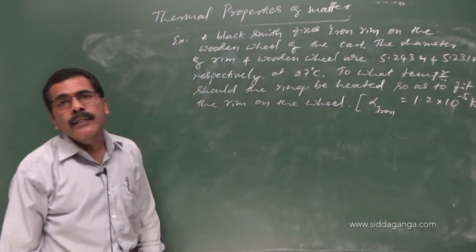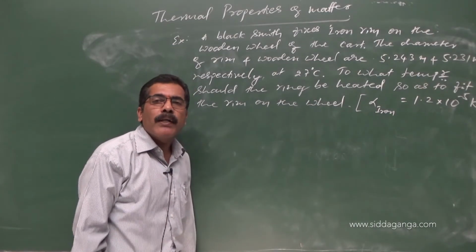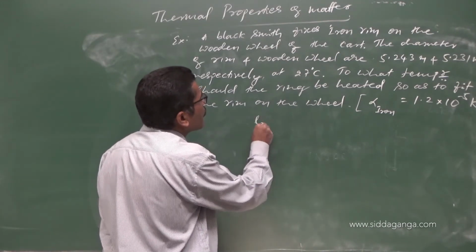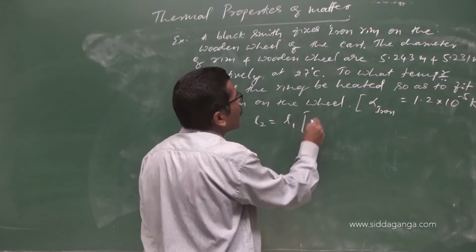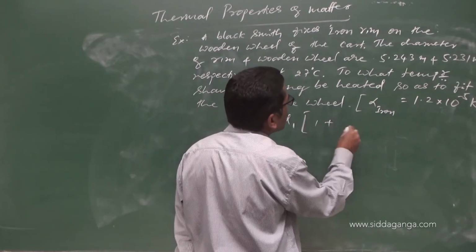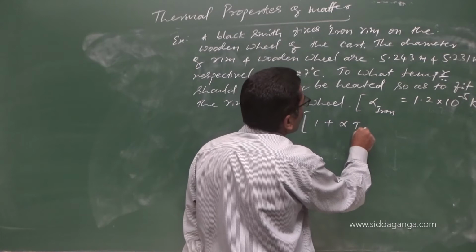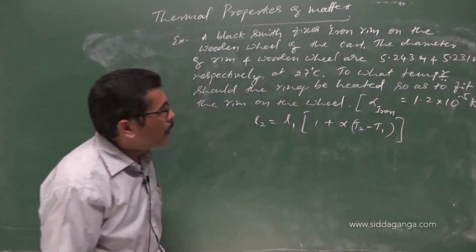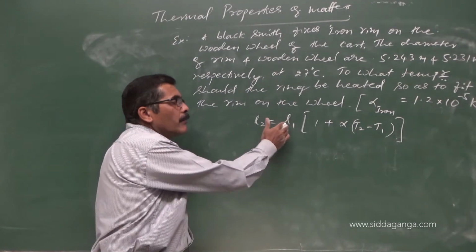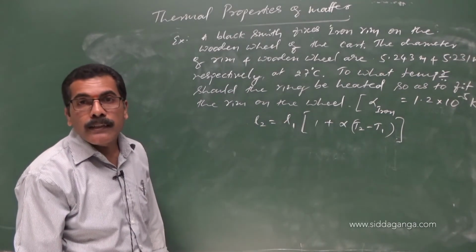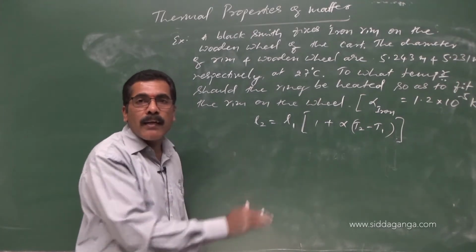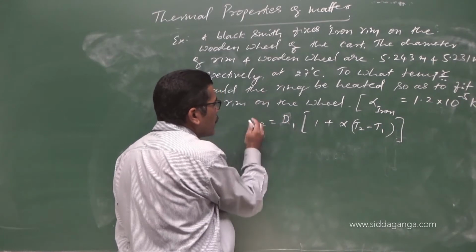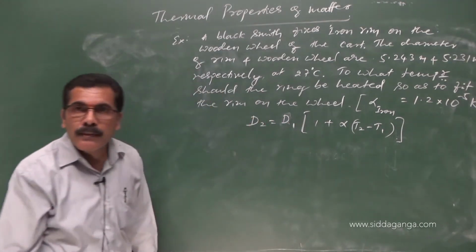Let us make use of the equation for linear expansion. L2 is equal to L1 into 1 plus alpha into T2 minus T1. L1 is the initial length, or you can call it the initial diameter; if you take a diameter, you can write D1. Final diameter is D2.